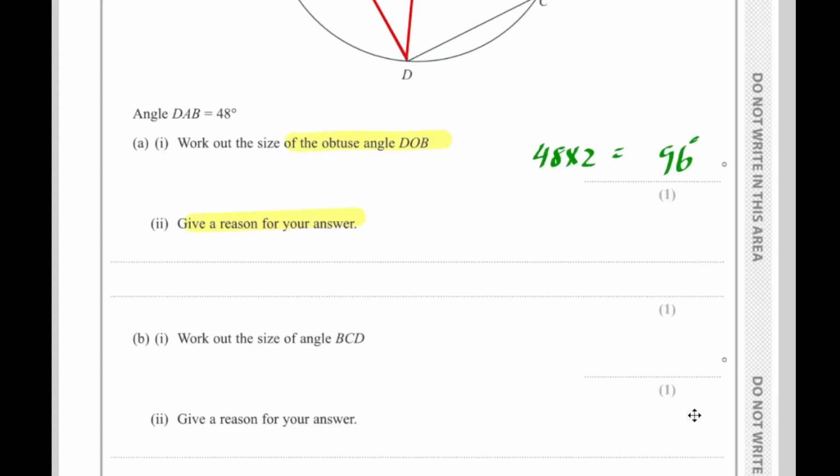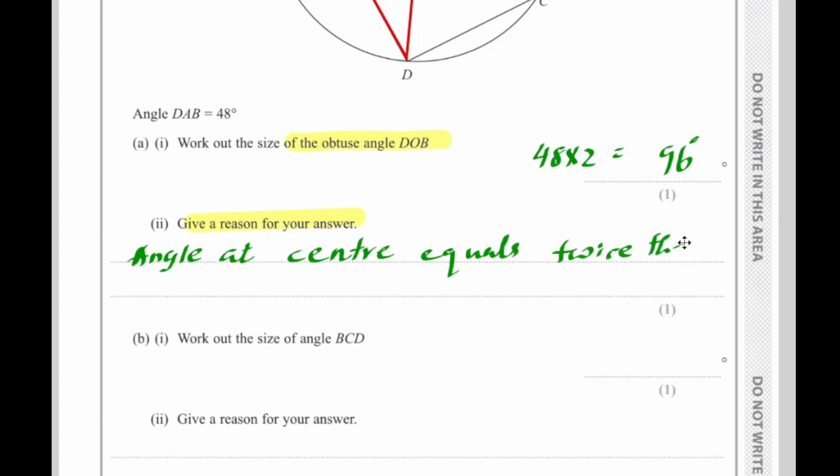We know that the reason, angle at center equals twice the angle at circumference.